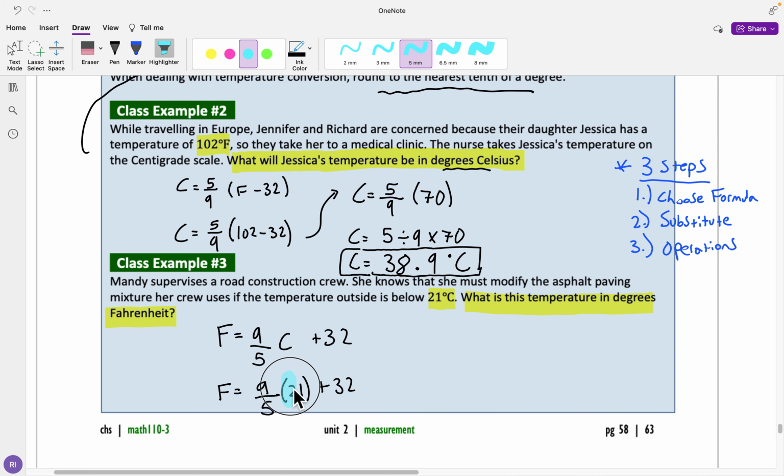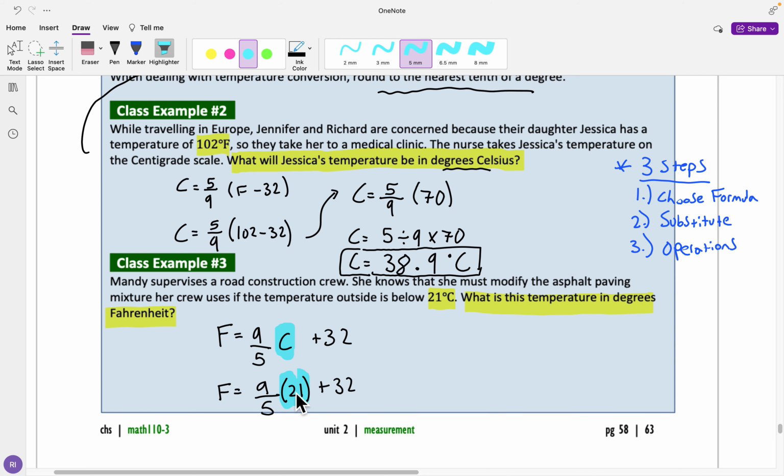It's also maybe good to note, anytime you do this substitution, it's good to place the number in brackets, just so that it makes it a little bit more clear that the 9 divided by 5 is being multiplied by the 21. So good habit to get yourself into. And now we're going to take a look at our operations.